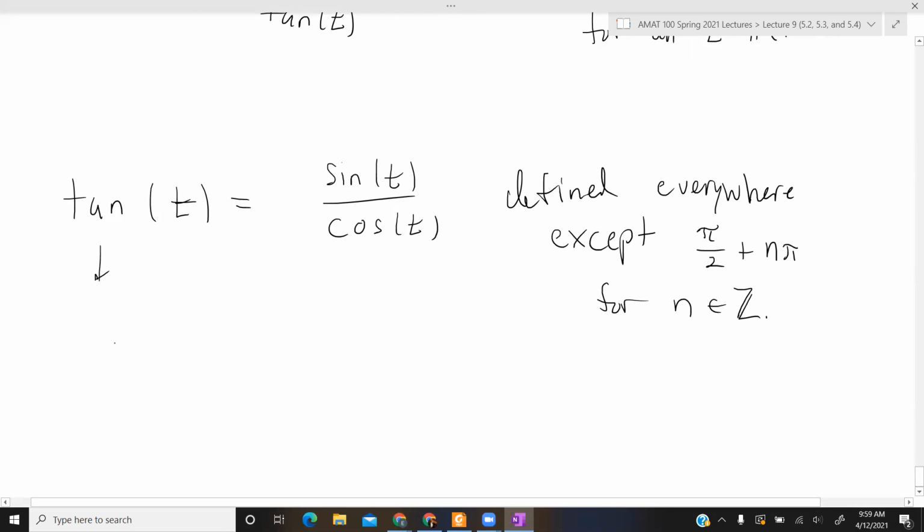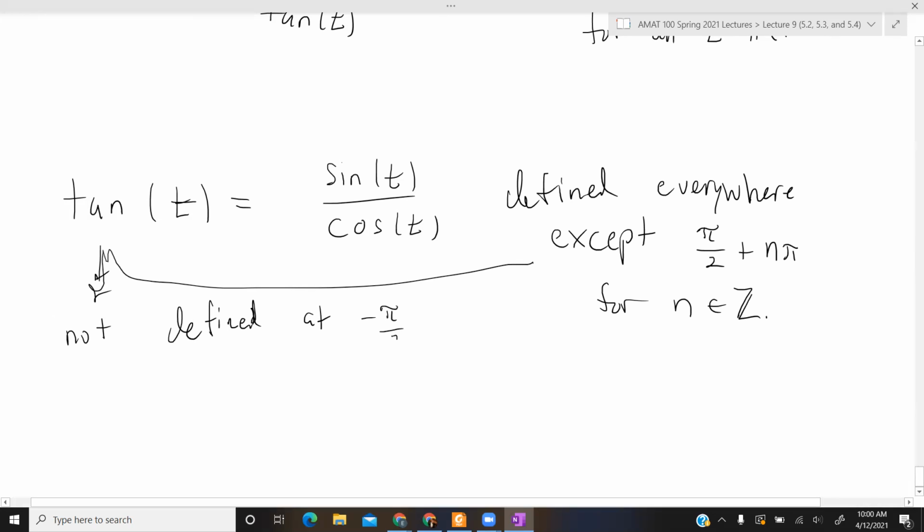So because this has a period of pi, we really only need to look at what it looks like on an interval of length pi. What this means is that it's not defined at negative pi over 2 and pi over 2.